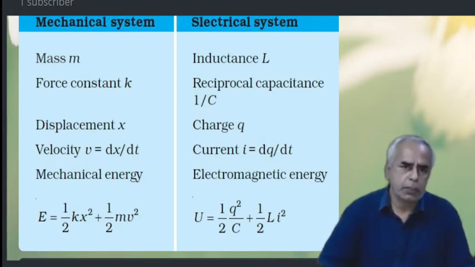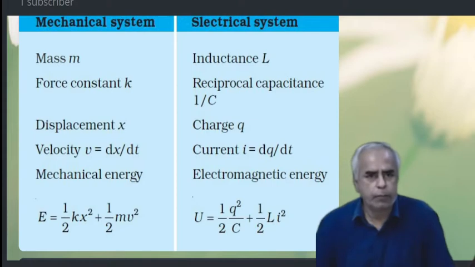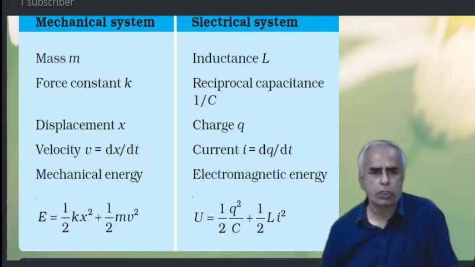Mass is represented as small m, and the equivalent term in the electrical system is inductance, that is L. Similarly, force constant, that is k in the mechanical system, and the reciprocal of capacitance, 1 by C, is the equivalent term. Then displacement here is x, and in this case it is q, the charge.